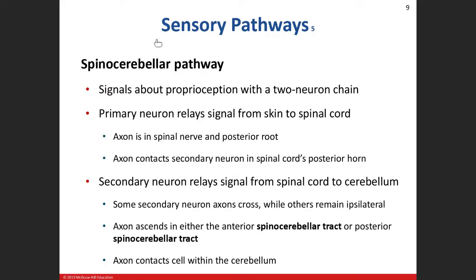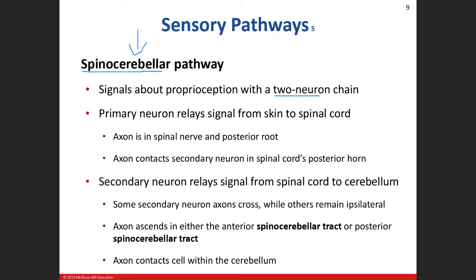Let's do the last sensory pathway and then we'll take a break. The spinocerebellar pathway. When you look at the names of these pathways, you can tell where they're going. The spinocerebellar pathway is going to wind up in the cerebellum. This is a 2-neuron chain.